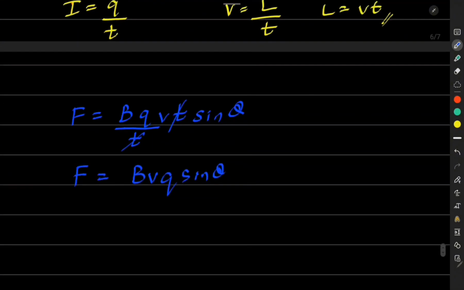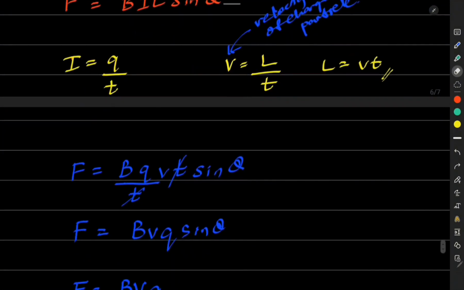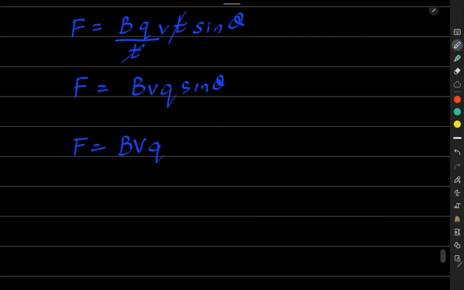If the angle is 90 degrees, F equals BVQ, where V is the velocity of the charged particle. If the charge is moving parallel to the magnetic field, the force will be zero.